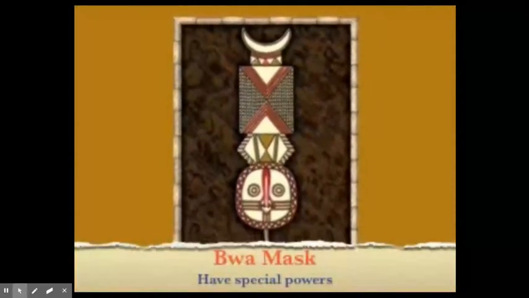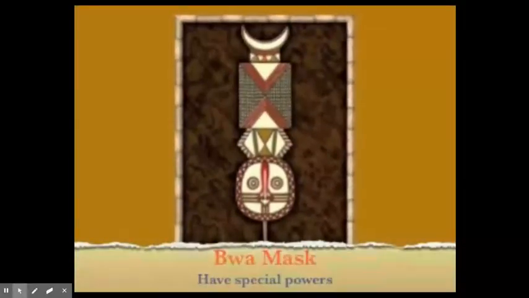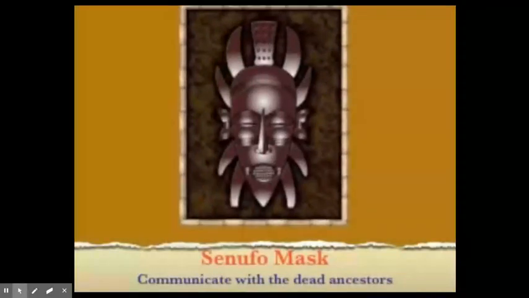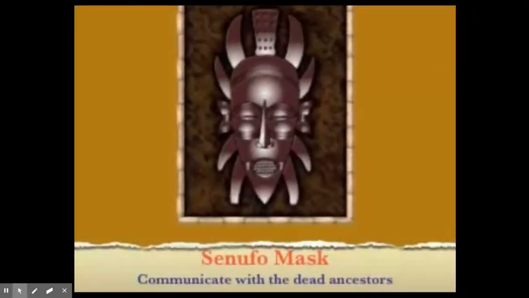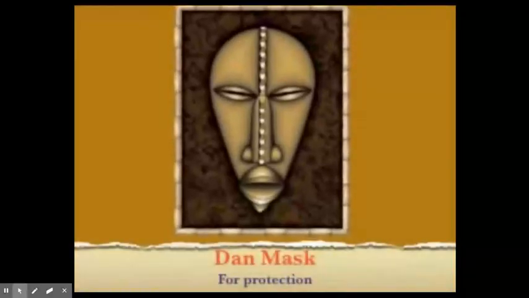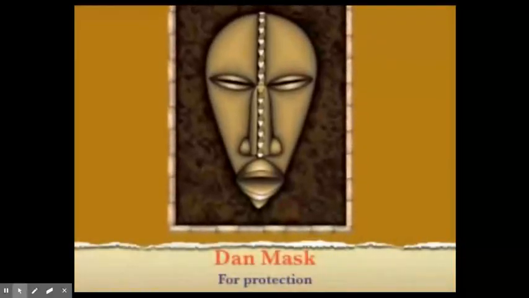Now, our first mask here, Bois mask, is thought to have special powers. This mask is used to communicate with dead ancestors. This mask is used for protection.